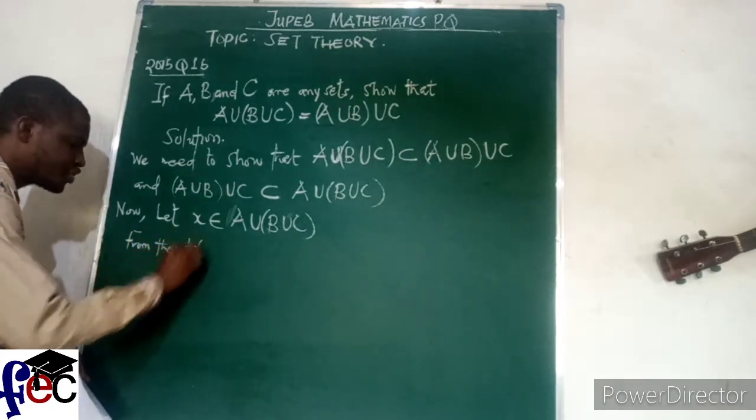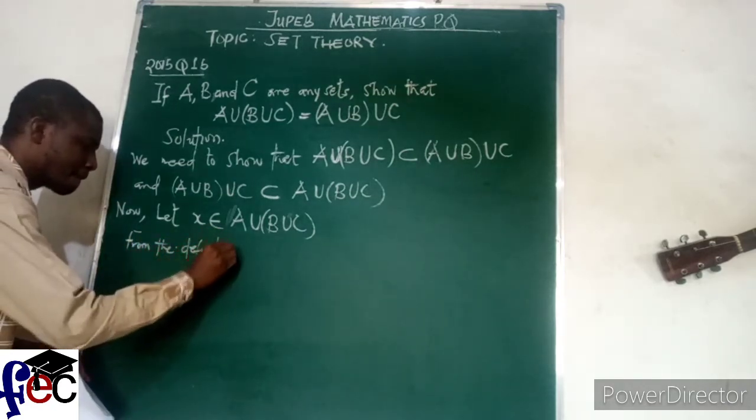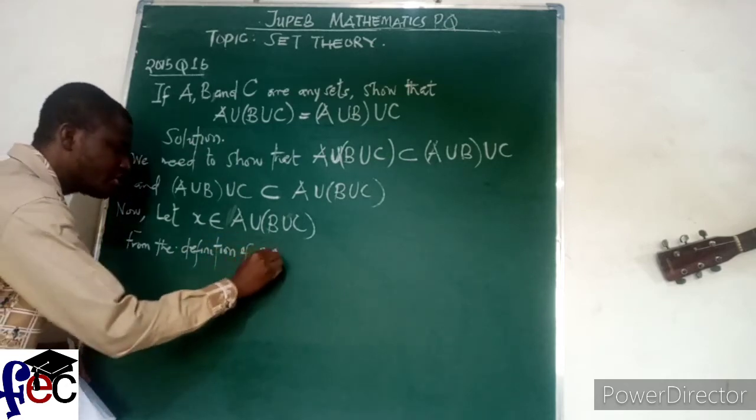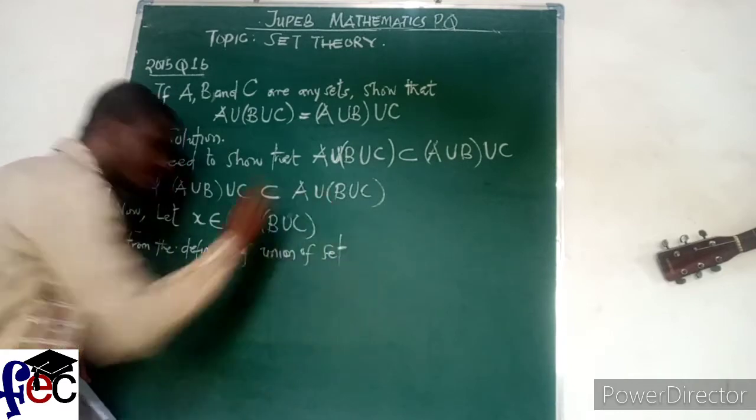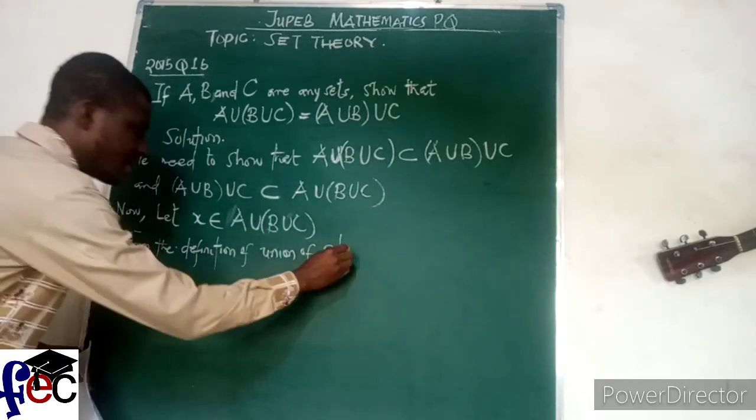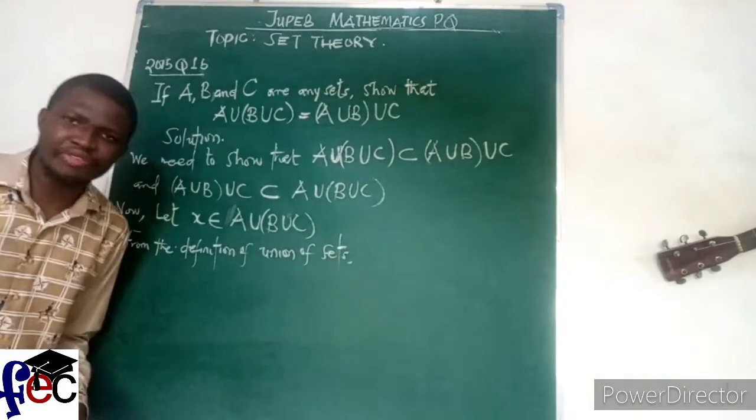From the definition of union of sets, what can you infer?